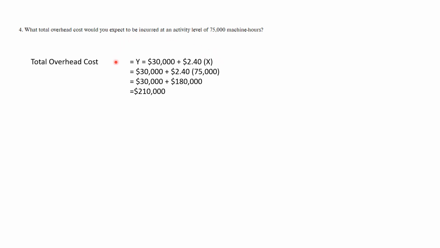For 75,000 machine hours, we do 30,000 plus 2.40 times 75,000, which gives us 180,000. If we add those together, our total overhead cost is going to be $210,000. So with these cost formulas, we can figure out the cost we would expect at any activity level just by filling in the formula.